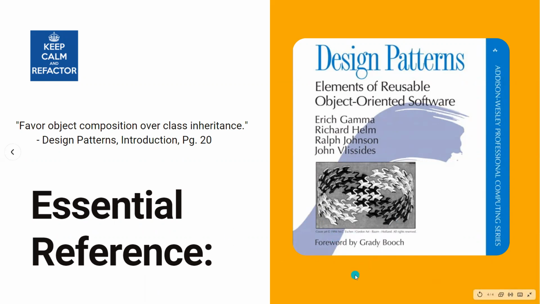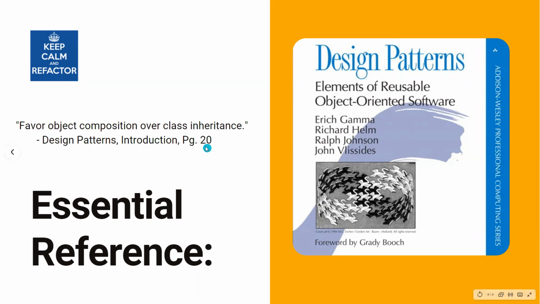It's a really foundational book. If you want to be able to converse with other developers in an effective way, you really should know your design patterns. And the introduction of the Design Patterns book has some excellent design principles discussed.